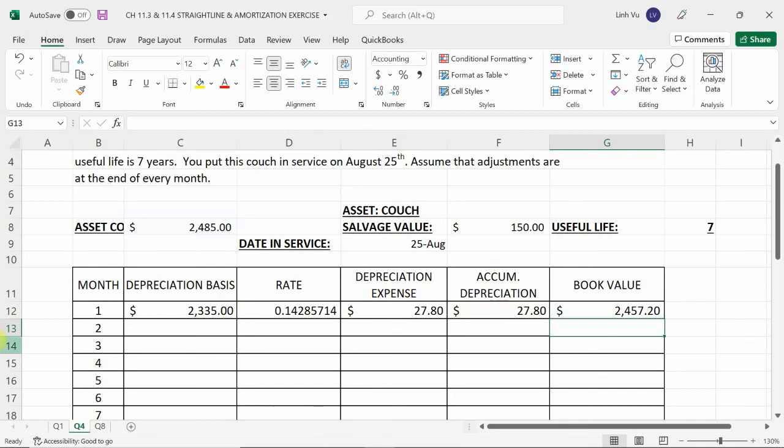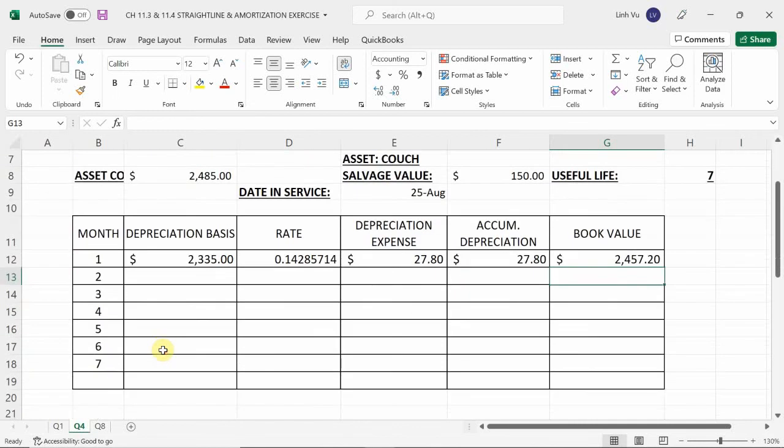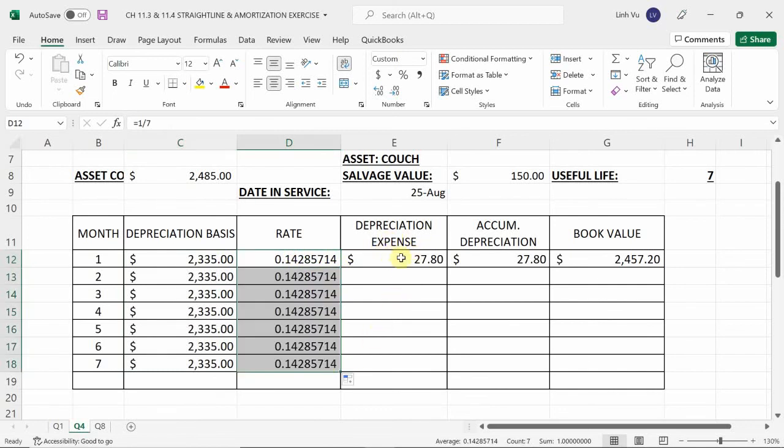2,457.20. Okay, so how do I do the next one for the next month? What's my depreciation basis? It's going to be the same, and the rate is the same, and the expense is the same.